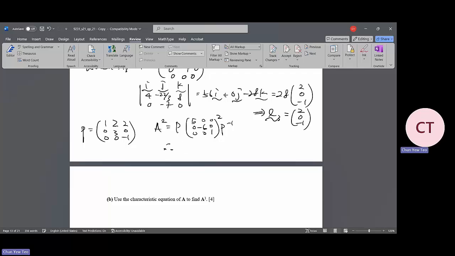So therefore your D is equal to this: you get 25, 36, and 1, and the rest are 0. Done. This will be the answer for question number 6A.